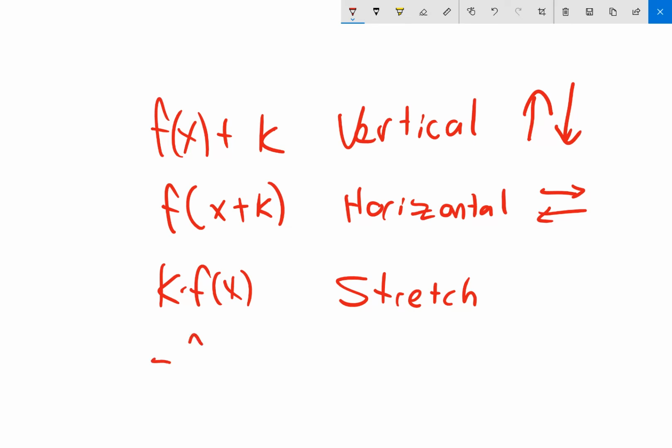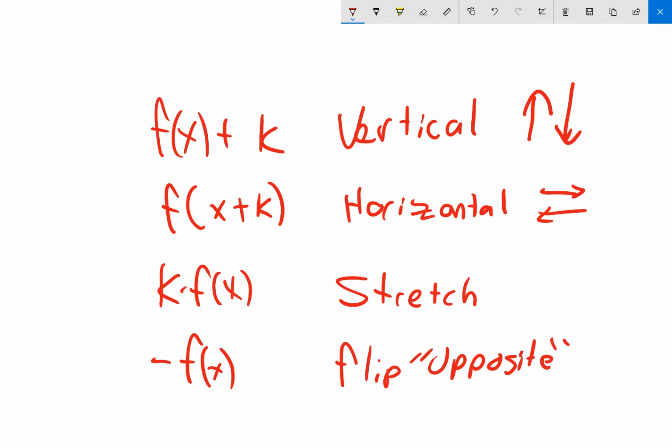And then the last one was negative. It would flip, or in a sense, be the opposite. If you had a function going upwards and you make it negative, it's now going downwards. For a line, if you make the function negative, that line goes the other way instead. Rather than going upwards like it was originally, the line would be going downwards.